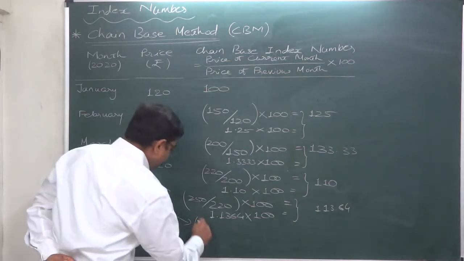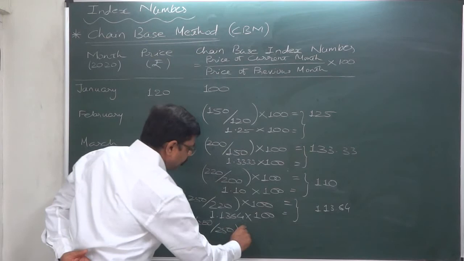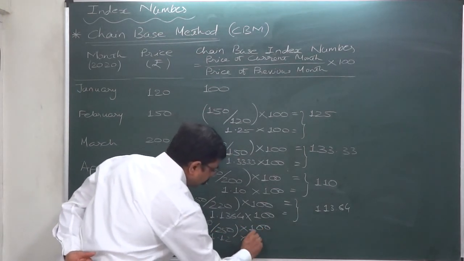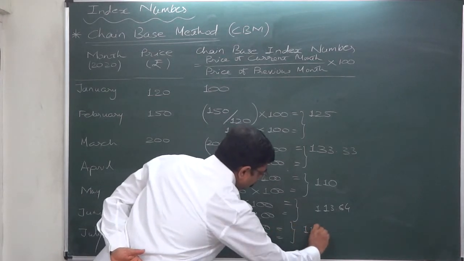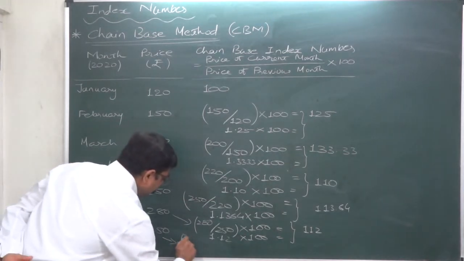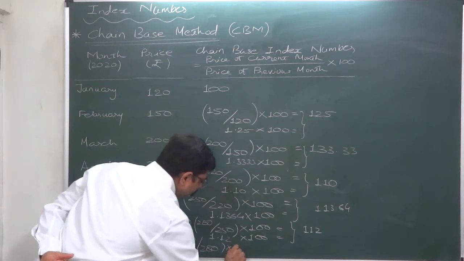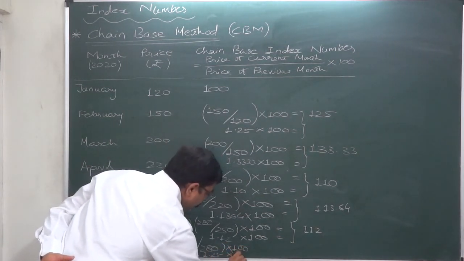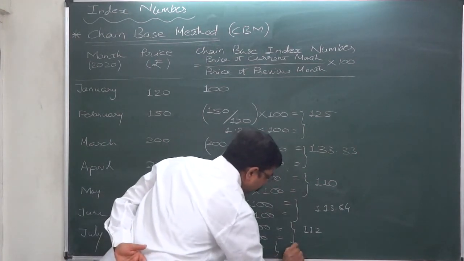For June, it will be now 280 divided by 250 into 100, or 1.12 into 100, 112. And for July, it will be 350 divided by 280 into 100, that is equivalent to 1.25 into 100. So the index number for July comes to 125.